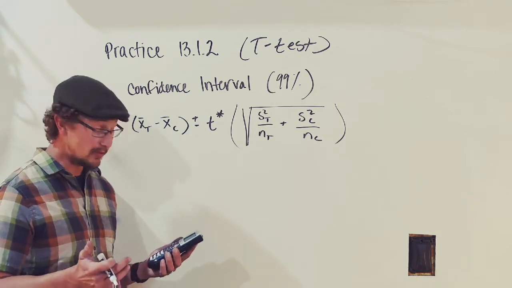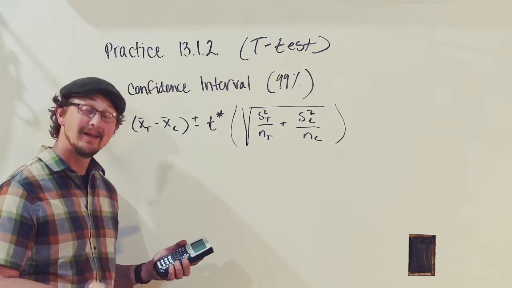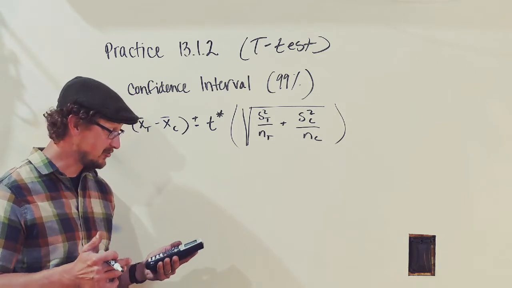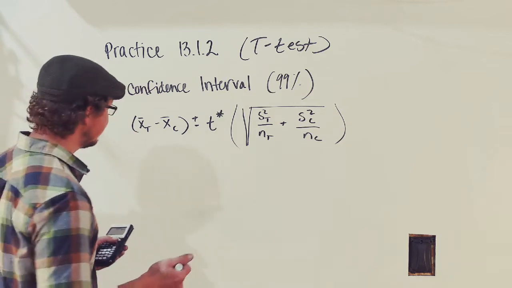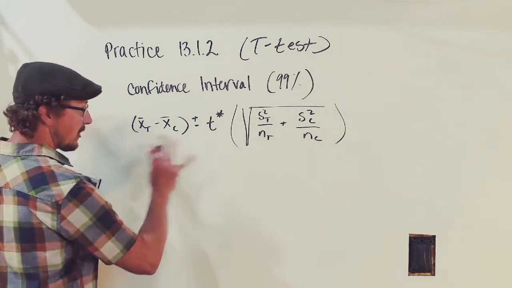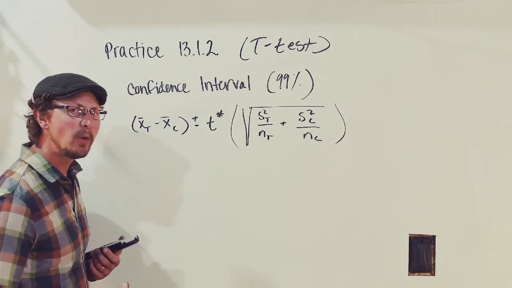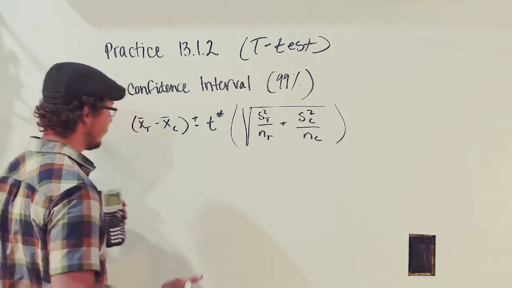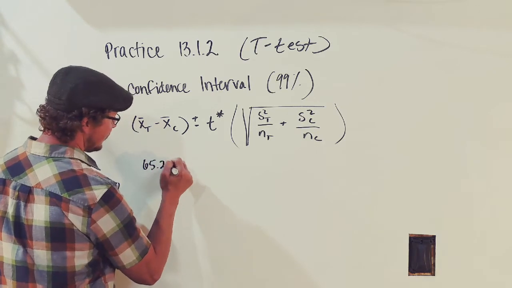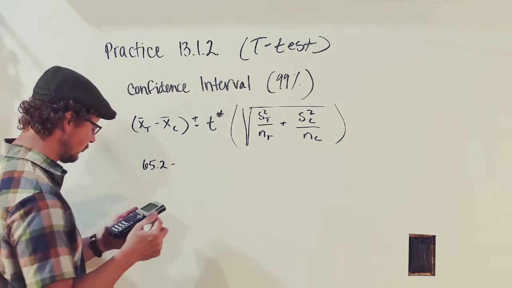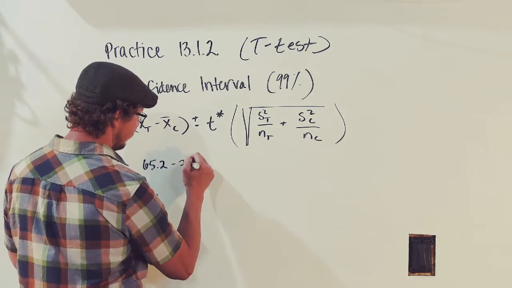Now the stats are still there from the hypothesis test that I just did. So this problem should be relatively easy. Let's drop in the numbers so we can show we know what's going on behind the scenes in the calculator. So the mean of the treatment group was 65.2 minus the mean of the control group, which was 70.3.